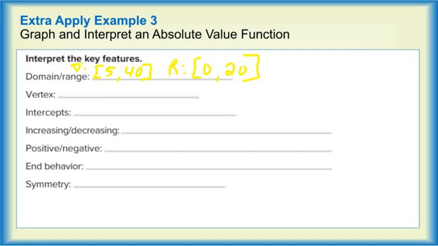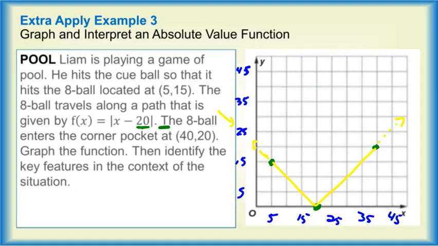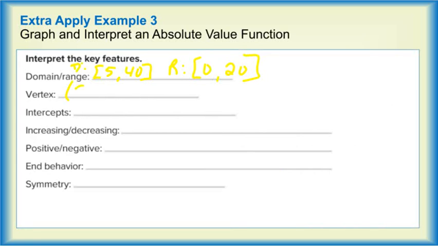The vertex, back to here, vertex is at (20, 0). The x-intercept is the vertex. This would be 20. And the y-intercept, there is no y-intercept.